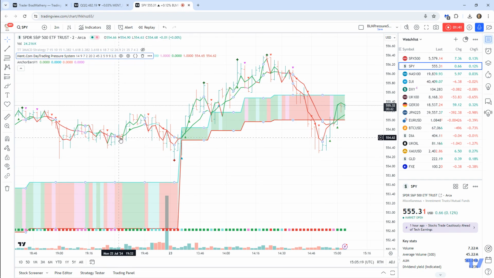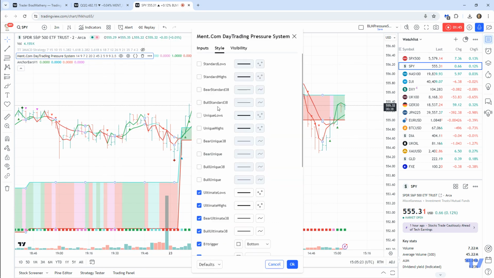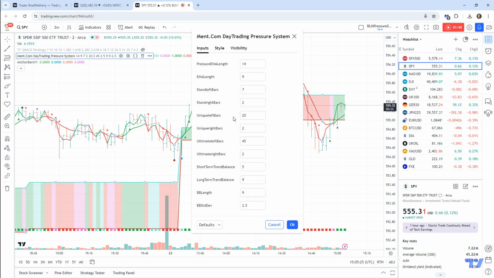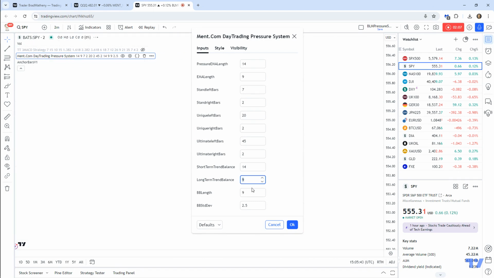Now, obviously, we can lengthen it. For example, we can go to the inputs and determine the balancing mode. This is the long-term, short-term trend balancing. Hypothetically, I can go from 5 and 9 to, call it, 14 or 15.